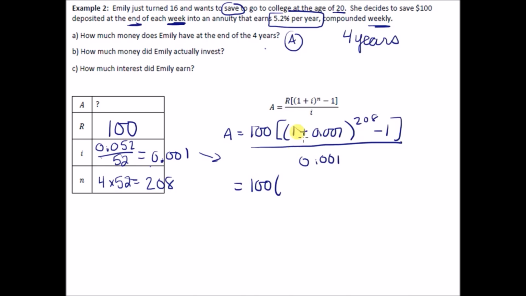Okay, so I'm going to put this into my calculator. So 1.001 raised to the exponent 208 minus 1. I get 0.231085.